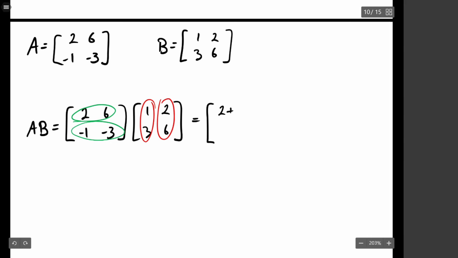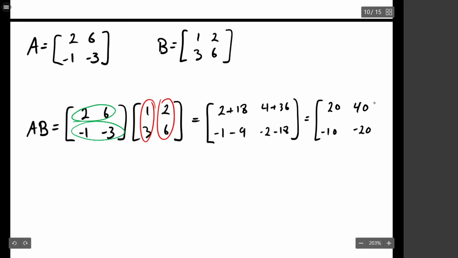Here we're going to have 2 plus 18, 4 plus 36, minus 1 minus 9, and minus 2 minus 18. So we have 20, 40, minus 10, minus 20. Right? So that's the product in this direction.